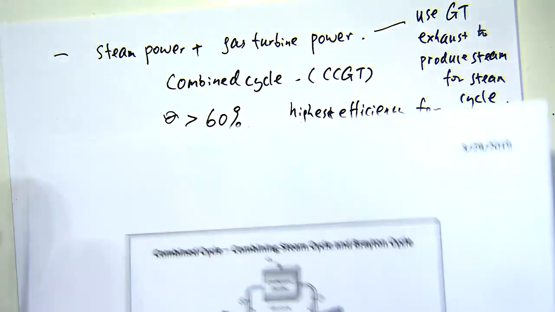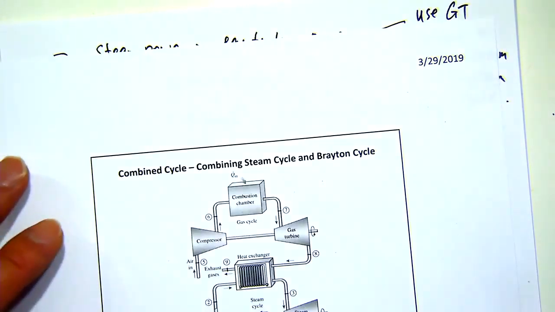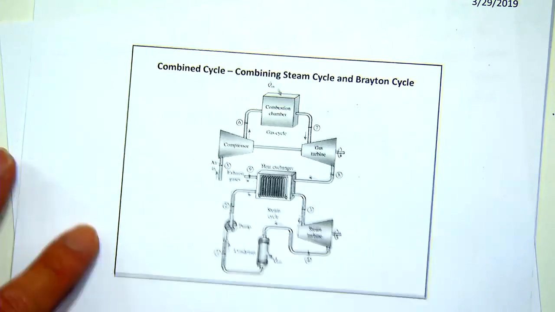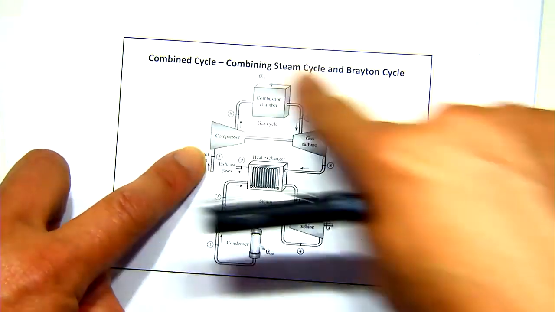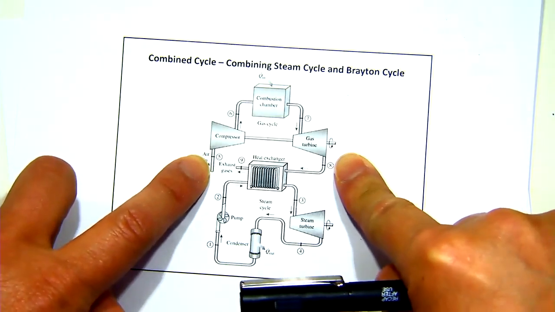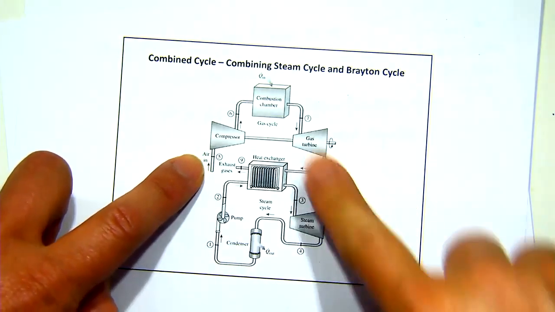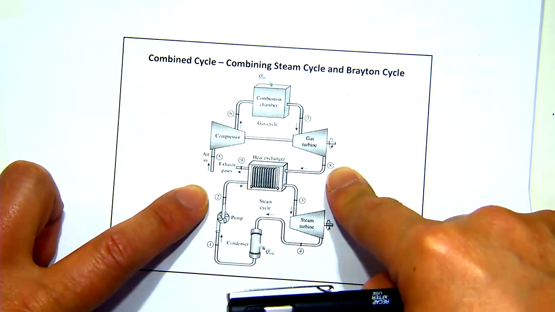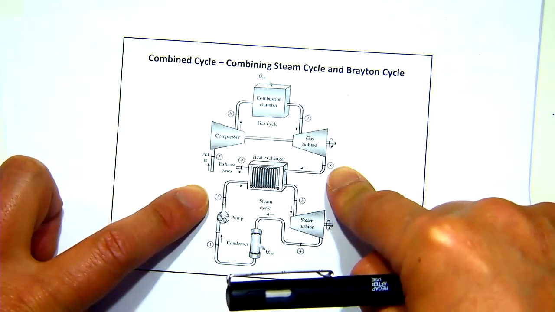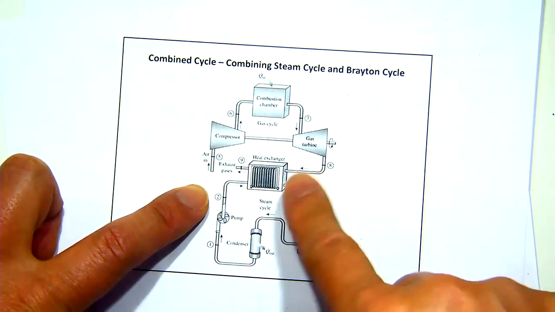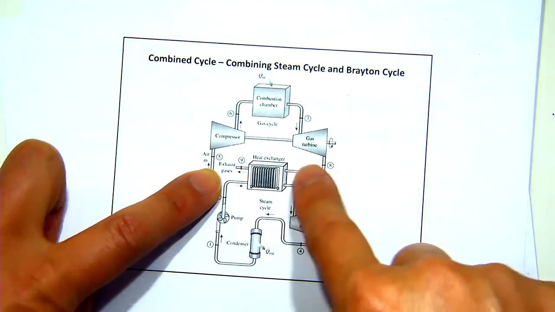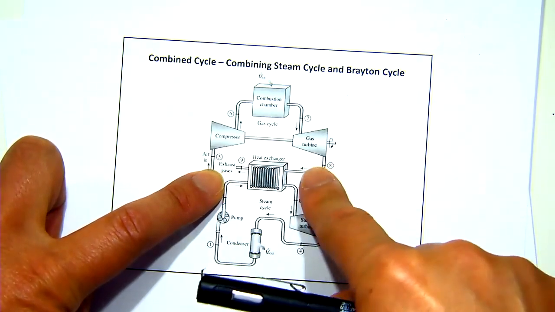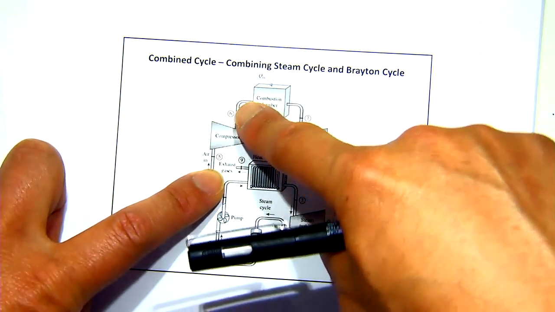If I show you one of the schematics, the top loop is basically a Brayton cycle, more like a regenerative Brayton cycle, right? The regenerative Brayton cycle we discussed also uses the enthalpy in the exhaust, but uses it to heat the compressed air.